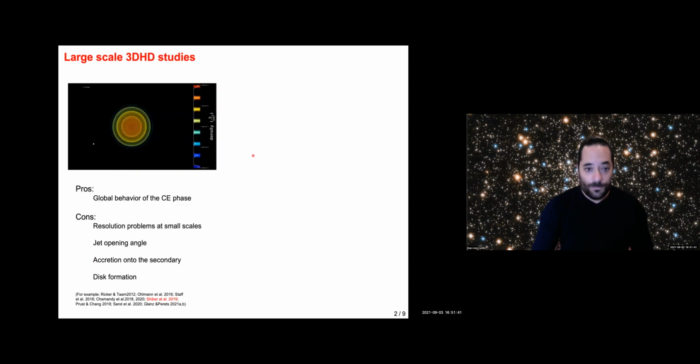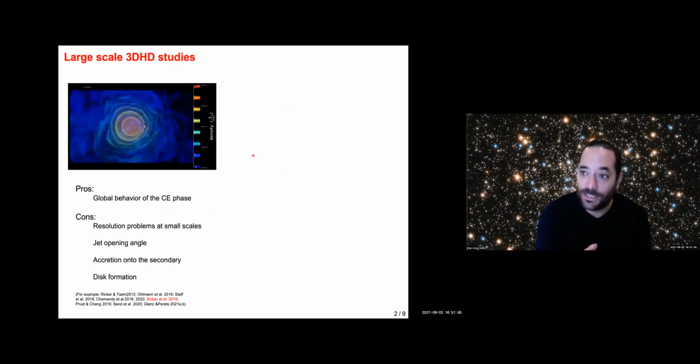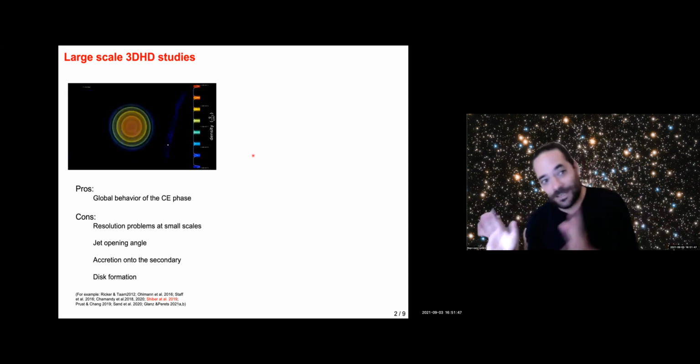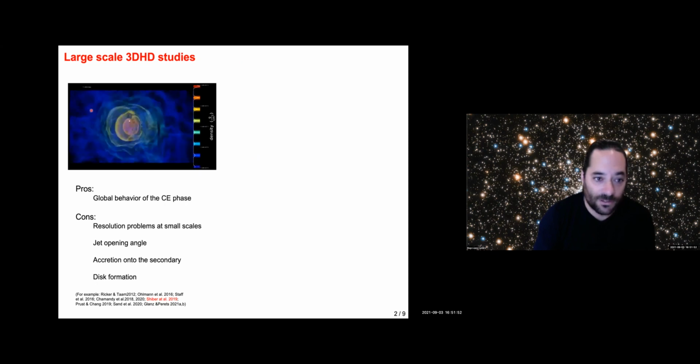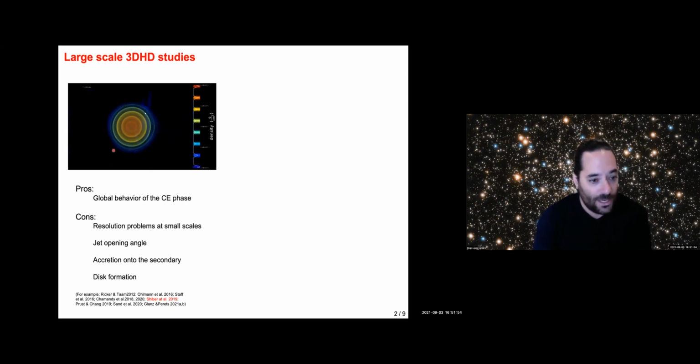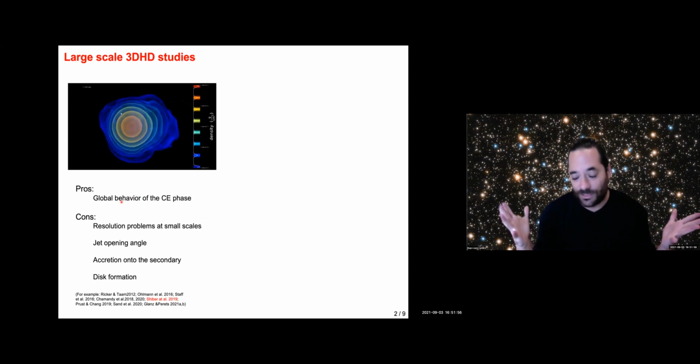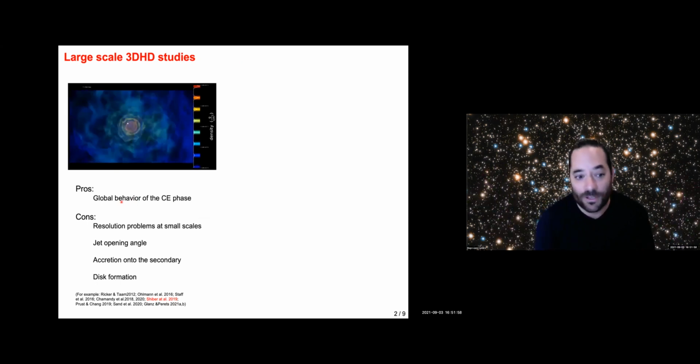Also, what I want to show is that there are large-scale simulations that we've already discussed, and small-scale simulations. This is the simulation that Sagiv showed two days ago. The pro, of course, is that we can see the global behavior of the common envelope.